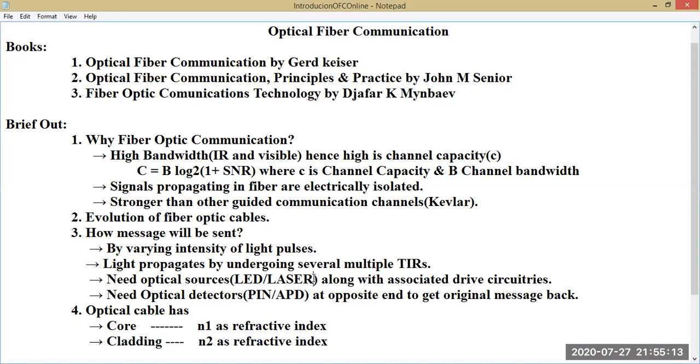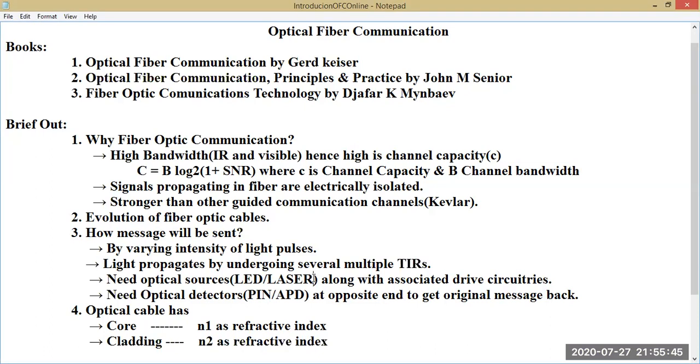Not only these two, but we have many photo sources or optical sources that are available in physics. But here we have to use LED and laser because these have some requirements, and LED and laser are going to satisfy those requirements. We have to discuss these requirements in unit 4. So in unit 4, we have to discuss these optical sources.